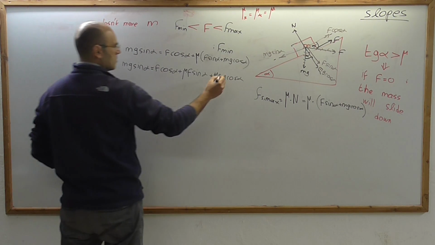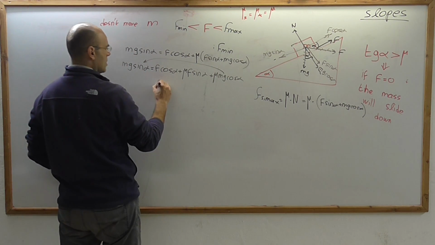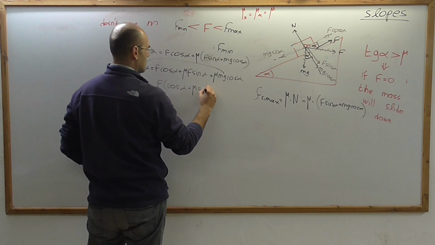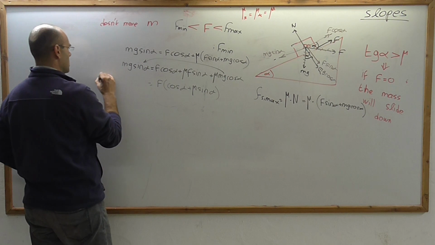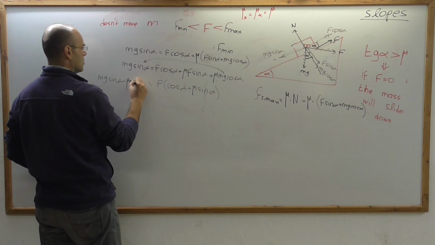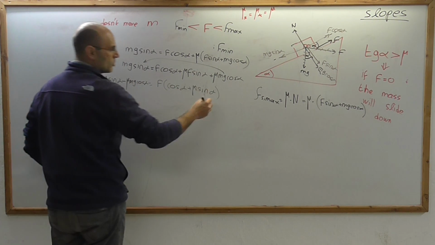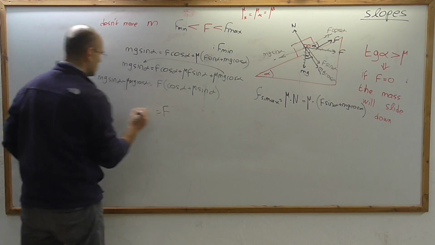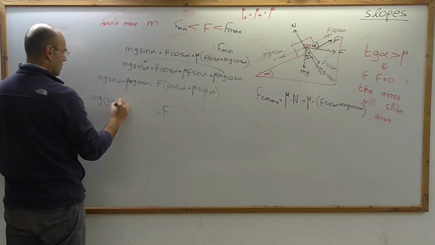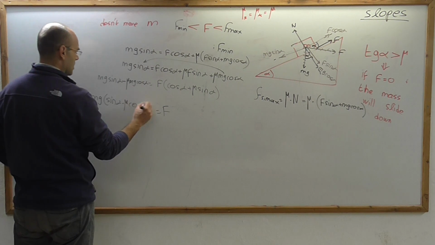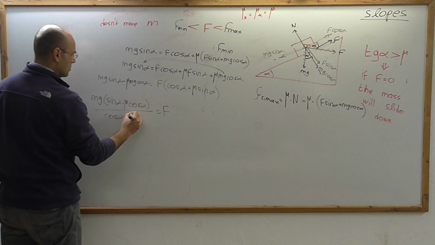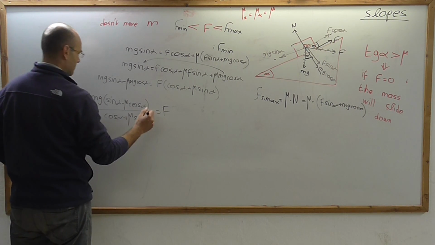Now I'm moving this one there, so F cosine alpha plus mu sine alpha equals mg sine alpha minus mu mg cosine alpha, and I'm going to divide it, so F equals, and I'm going to pull out mg, so it's sine alpha minus mu cosine alpha divided by cosine alpha plus mu sine alpha.